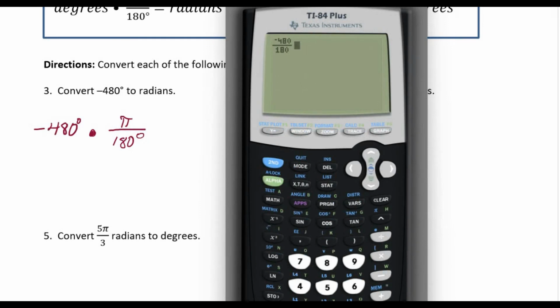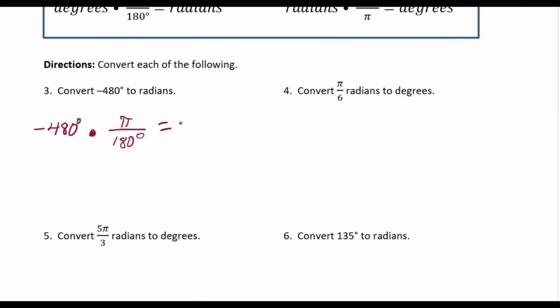Once you have the fraction entered into your calculator, you can just press enter and you get that fraction of negative 8/3. So your answer is actually going to be negative 8 pi over 3. We have to stick that pi in there. If you were to put that pi into your calculator when you did the rest of that fraction, you're just going to get a decimal approximation, and that's not what we want.